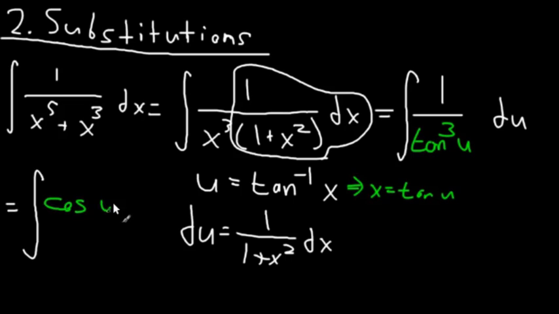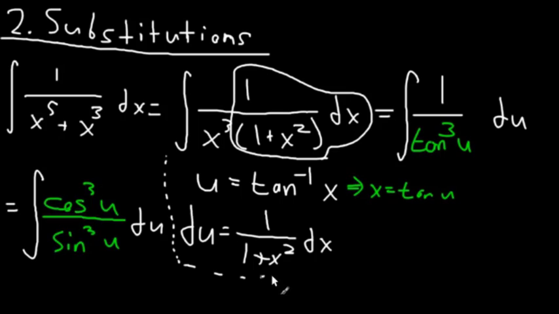So it's going to be cosine u over sine u. But remember, this was tangent cubed u, so we have to carry the power over to both of these. And you still have the du, which is in white, not green. And let me just separate this so it shows that this is not part of it.